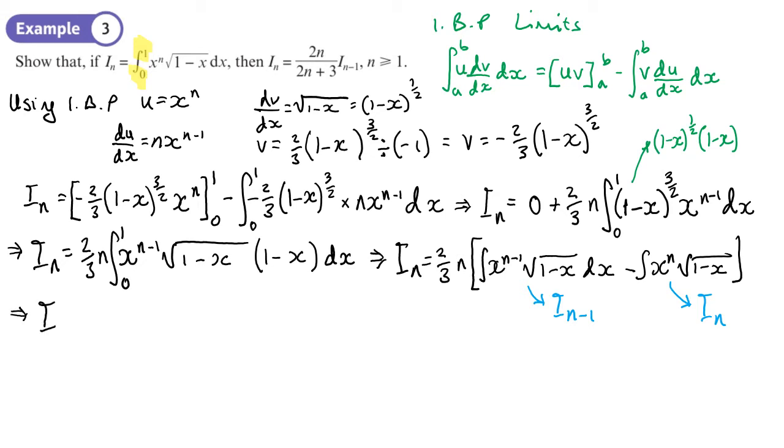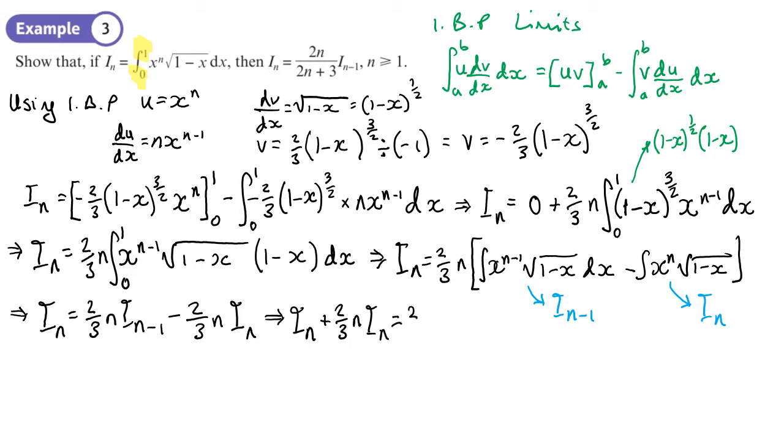So now we can make those substitutions. So we'll have I sub n equals 2/3 n times by I sub n minus 1, and then minus 2/3 n times by I sub n. We'll put the I sub n terms both on the same side, so we'll have I sub n plus 2/3 n I sub n equals 2/3 n I sub n minus 1.